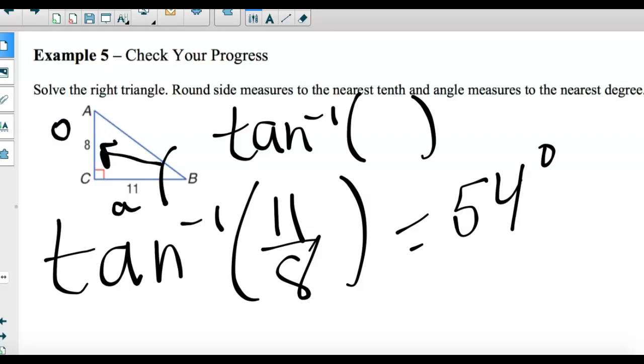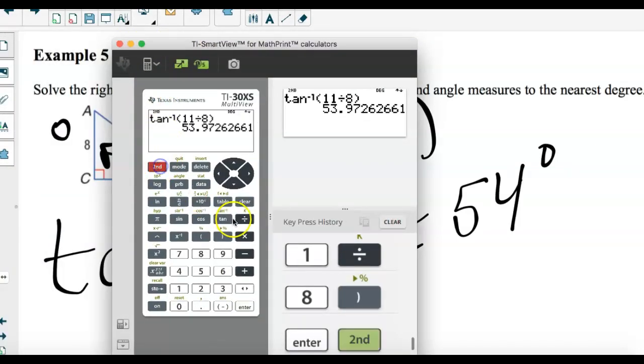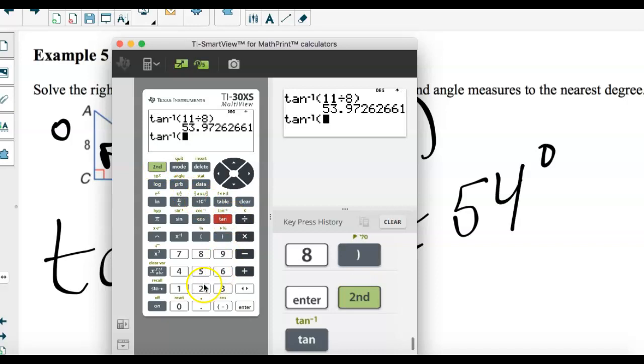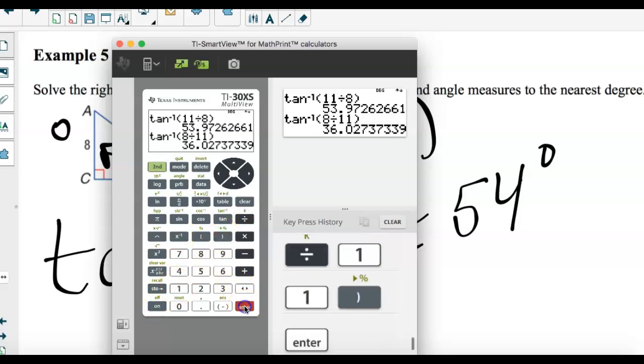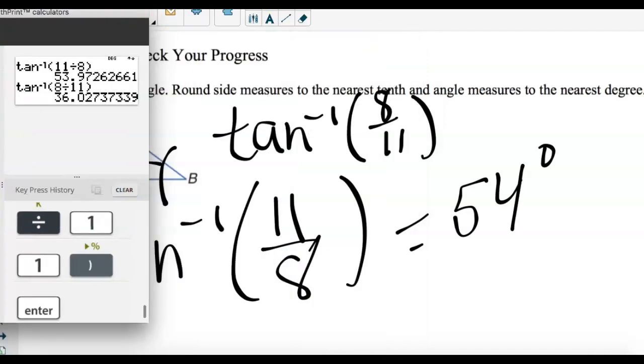This would be my adjacent, so inside here I would have 8 over 11. The calculator again to help us. Second tan, and we're going to reverse that, 8 over 11. And we get that it's about 36 degrees.